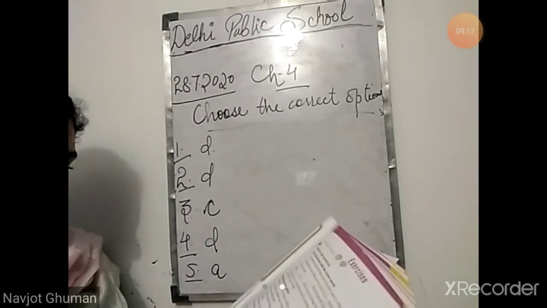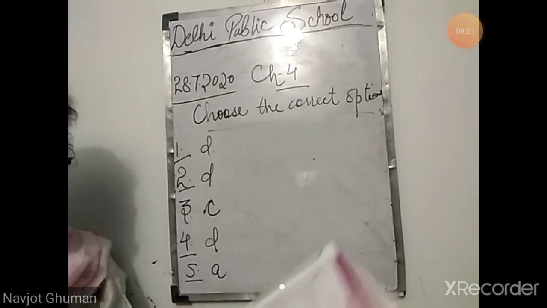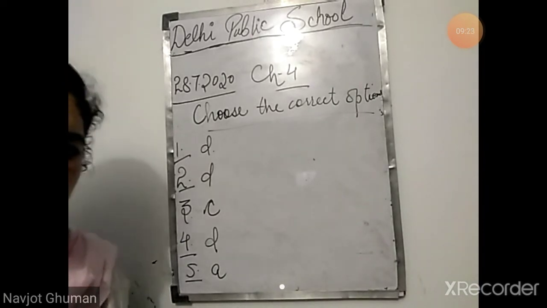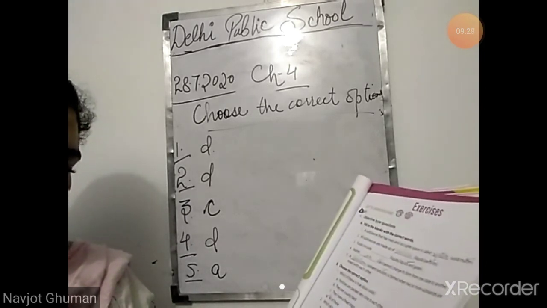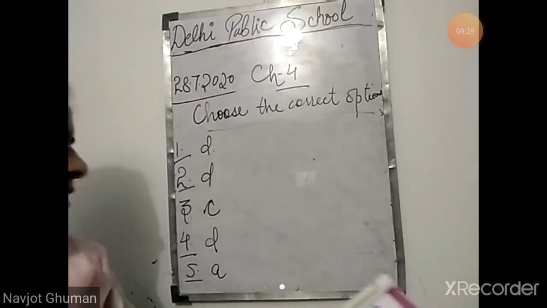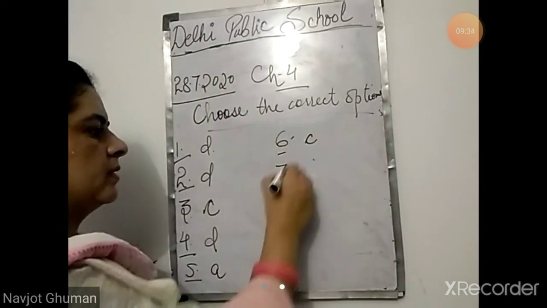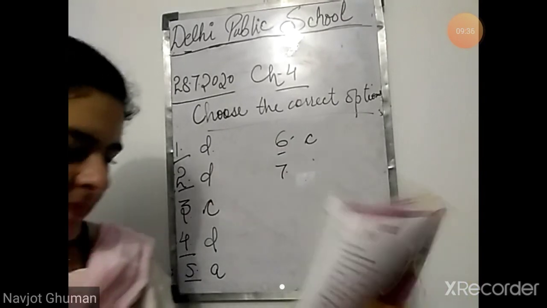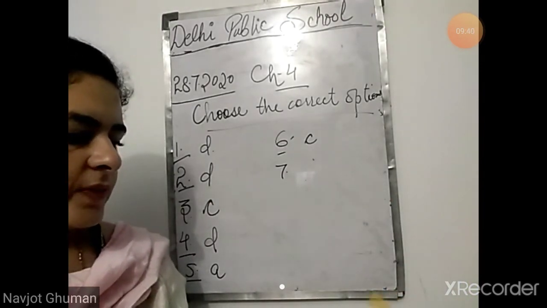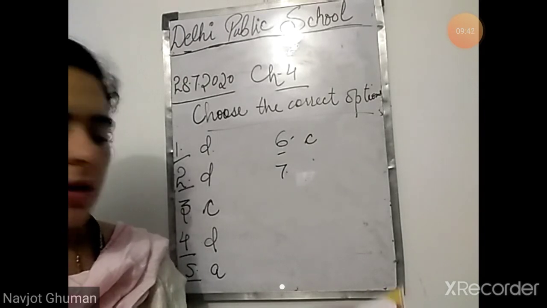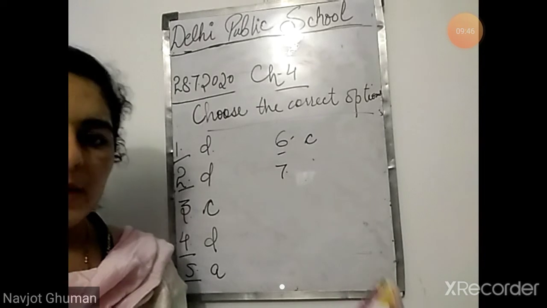Which of these processes are best suited to remove insoluble substances from water? So we have read about the mainly 2 processes that are sedimentation, decantation and filtration. Answer is C. Next, which of these would you use to separate salt from water? How can we separate salt from water? By sedimentation?